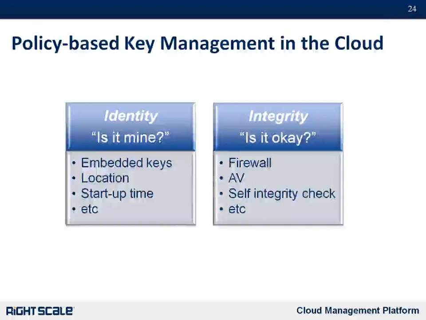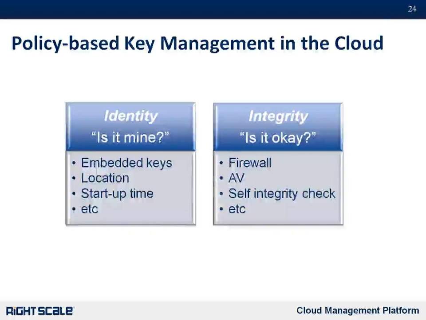So our policy engine here will catch that and let you say, wrong location, not valid, and you'll get an alert instead of a new instance that was able to access your encrypted data. At that point, you can either update your policies to allow that location, or you can figure out what's going on. This will prevent rogue instances from attaching.